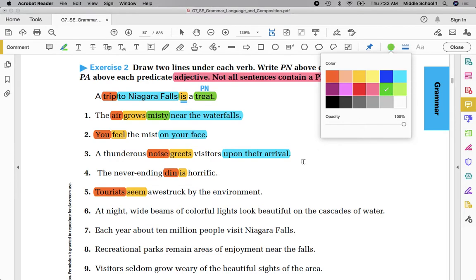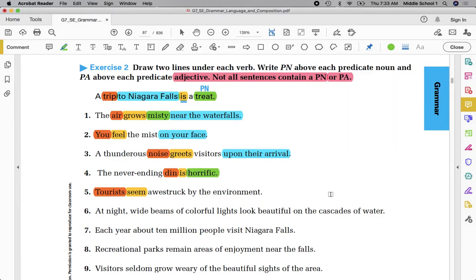Well, I have the word is, so that's a linking verb. Horrific. Is it a person, place, thing, or does it describe? It's a horrific din. This is a predicate adjective. Notice the difference. This is a noun. This is an adjective. It describes that word.